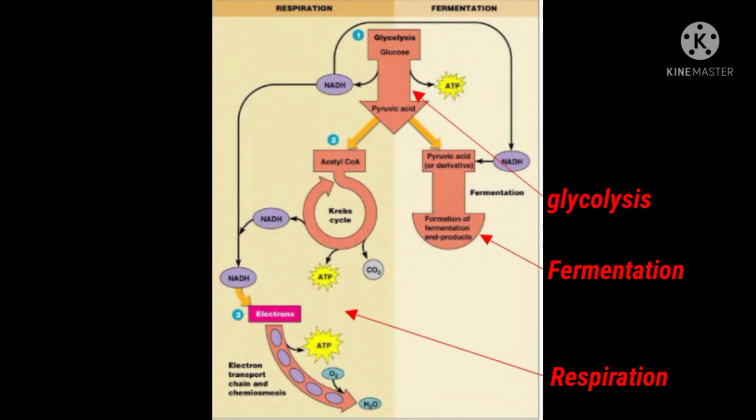Next is electron transport, where electrons from NADH and FADH2 are used to produce an H positive gradient. Then, the third is chemiosmosis, where the H positive gradient is used to make ATP.